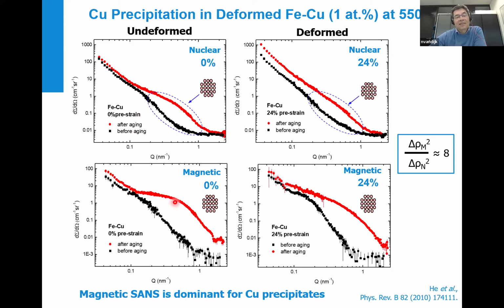You really see that there is a big increase in scattering in this range of scattering angles or Q values, and that scattering originates from the precipitates. If we calculate, we can see that the magnetic scattering is about 8 times stronger than the nuclear scattering. Therefore, it's much easier in this case to analyze the magnetic scattering rather than the nuclear scattering.